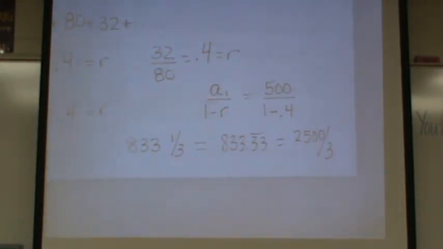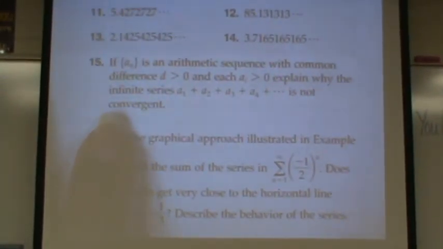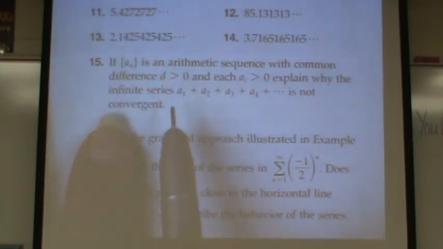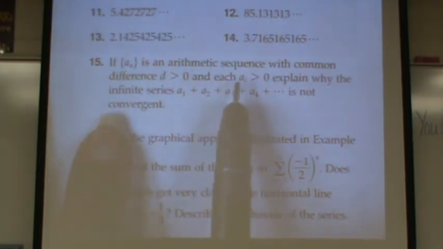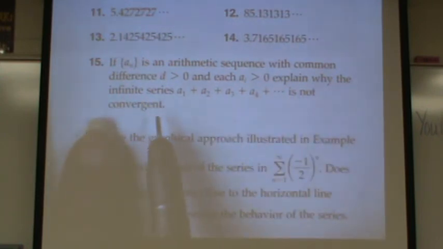And the last question, number 15, it says, if a sub n is an arithmetic sequence with a common difference that's greater than 0, and each term is bigger than 0, explain why this series is not converging.